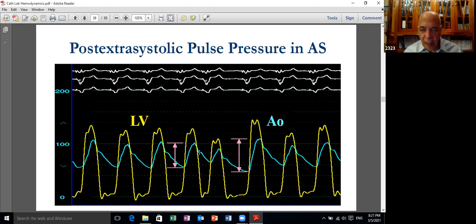Now, during valvular aortic stenosis, after the PVC, there is a post-PVC compensatory period, during which the left ventricle fills more, ejects more, creates more gradient, and creates more pulse pressure. So this is a situation that's completely different from the situation in hypertrophic cardiomyopathy.